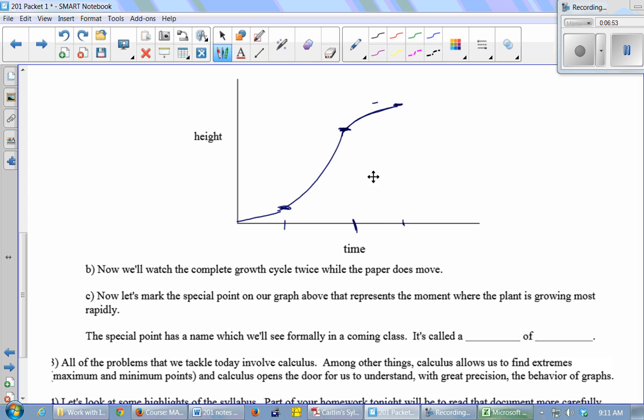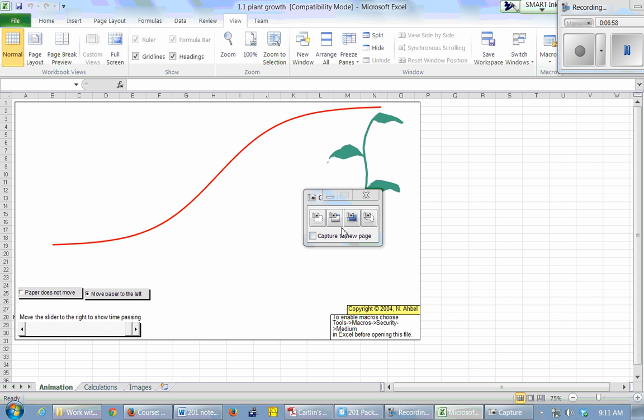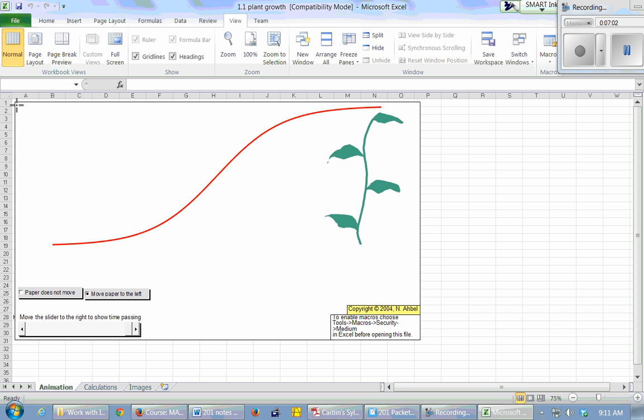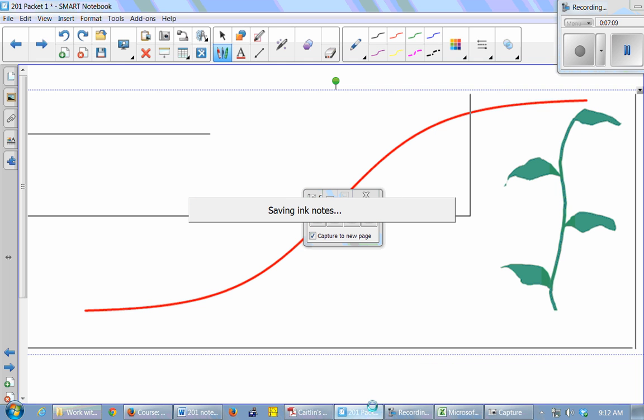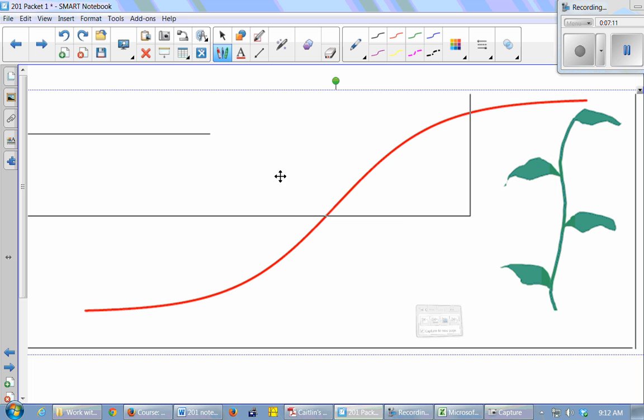Let's do it on a better graph than the one that I drew. Looking at that red graph, we've got time down here, and we've got height of the plant on the y-axis. Where on the graph do we have the fastest growth?